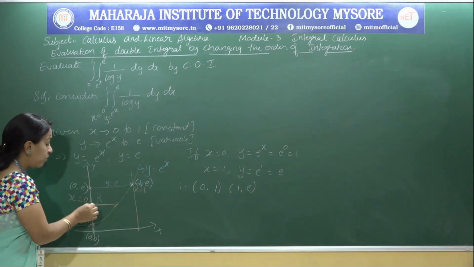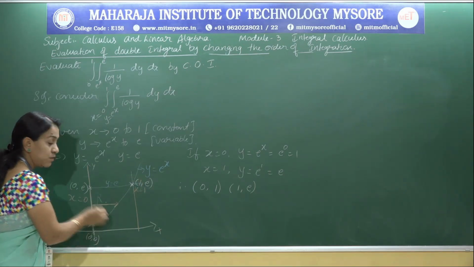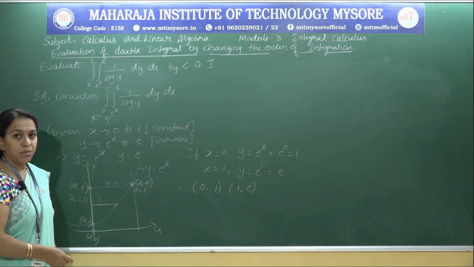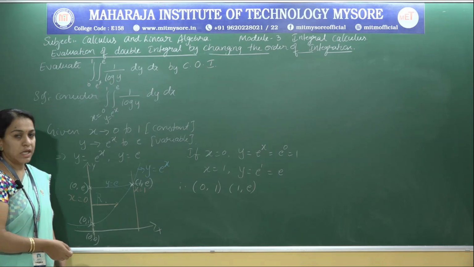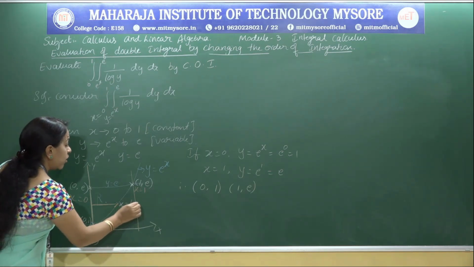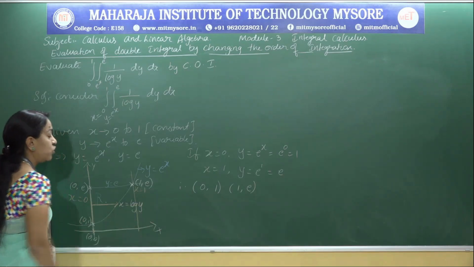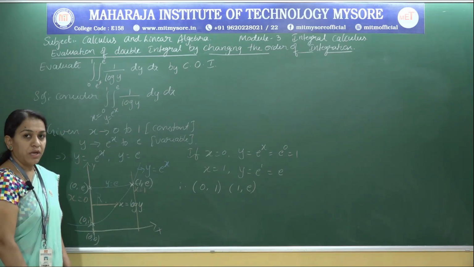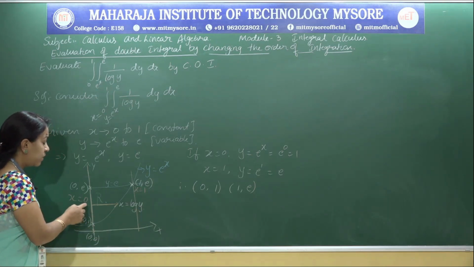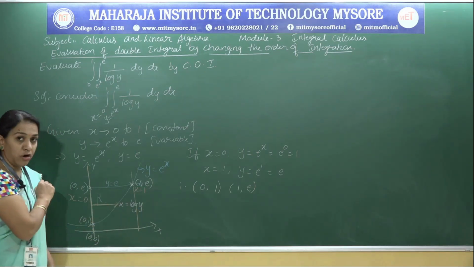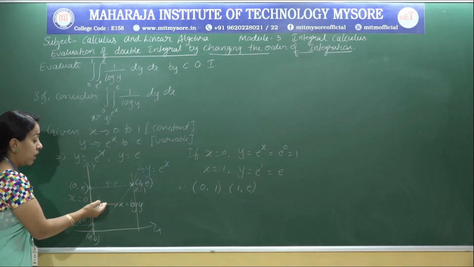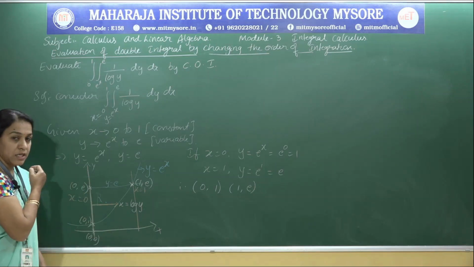So, our x varies from the y axis to the exponential curve. The exponential curve is y equal to e power x. From that we should get what x is. So, that will be x equal to log y. If I use the definition, log y equal to x, then your x will be log y. So, your x varies from 0 to log y inside the bounded region, and it is a line parallel to the x axis.